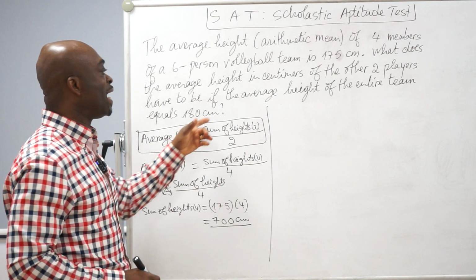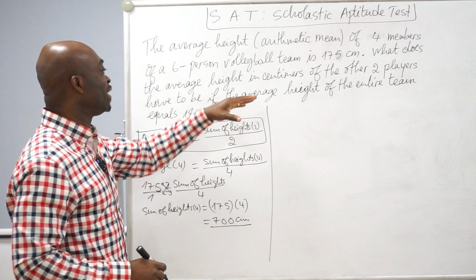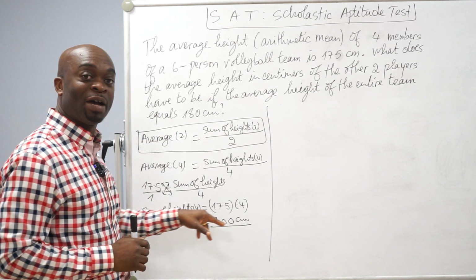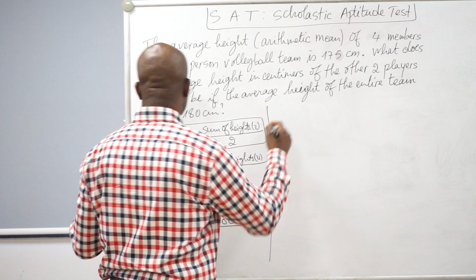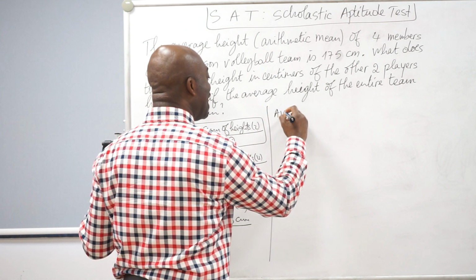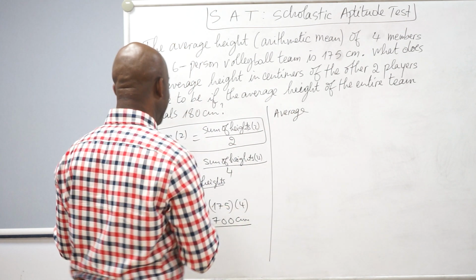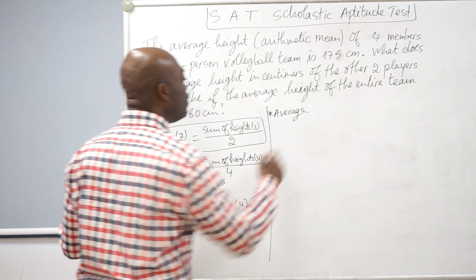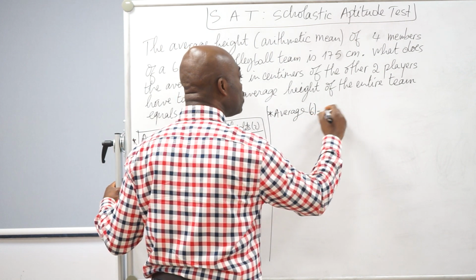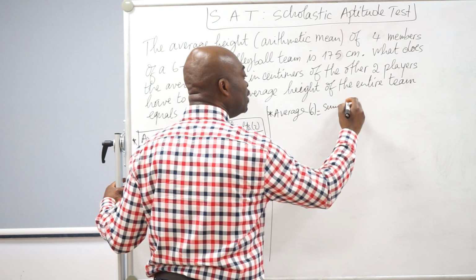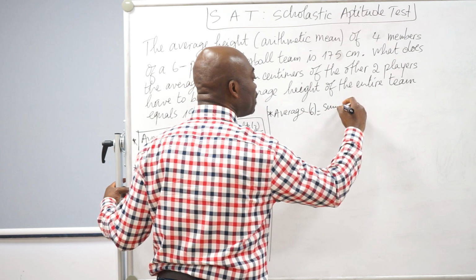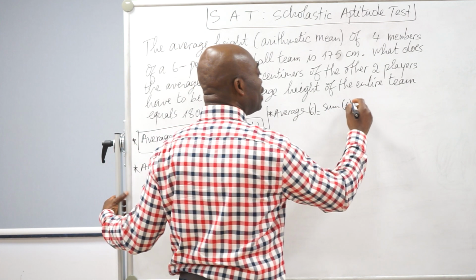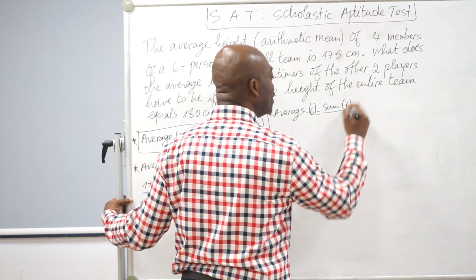We also know that the average height for the entire team, that means for the 6 players, is 180 centimeters. So we can do the same thing that we just did with that information. So we have the average for the 6 players equals the sum of their height of 6 of them divided by 6, correct?